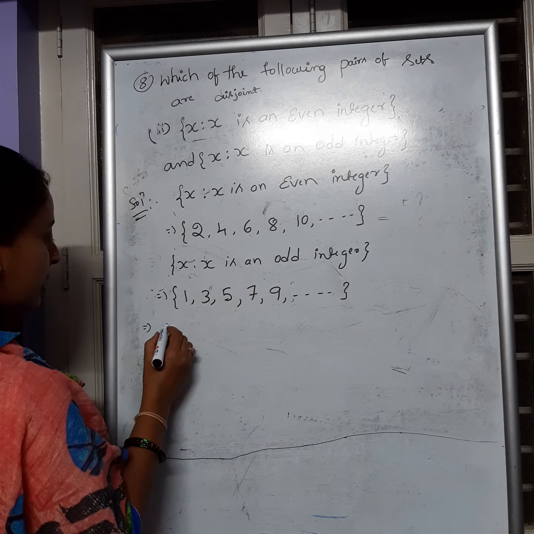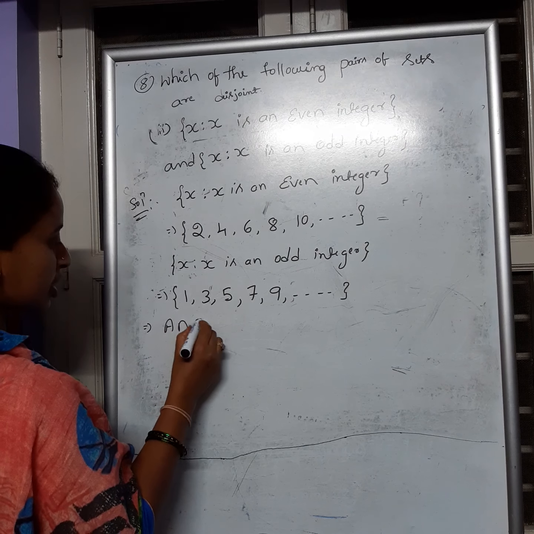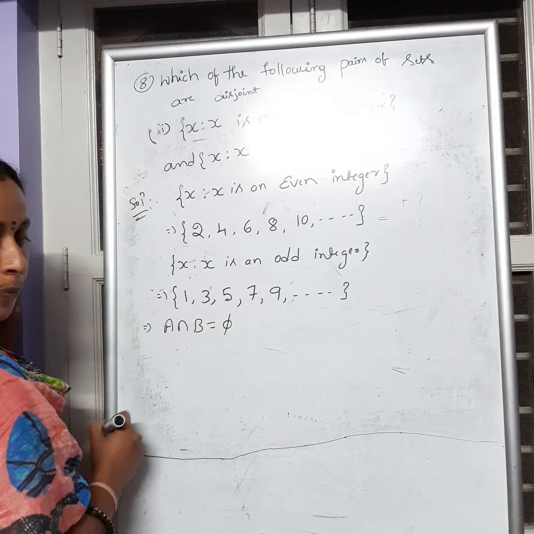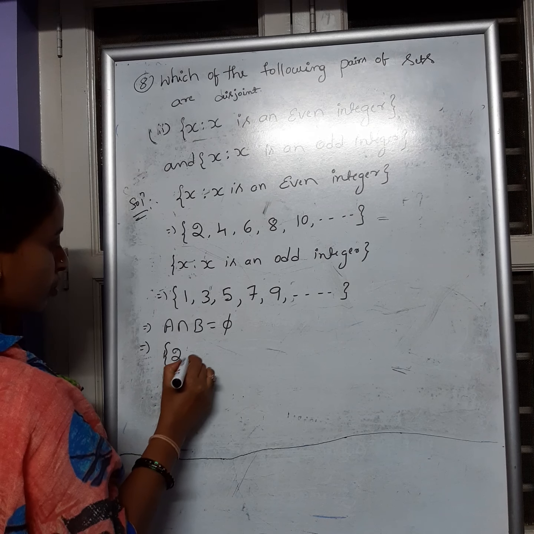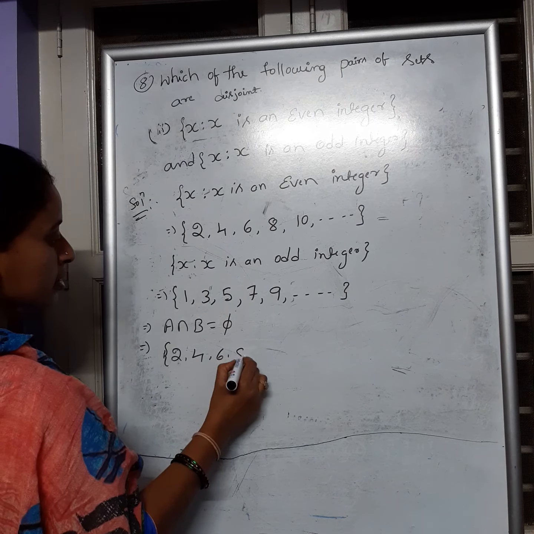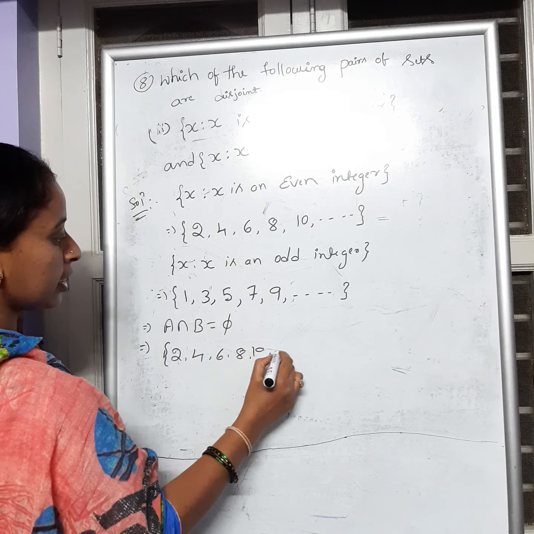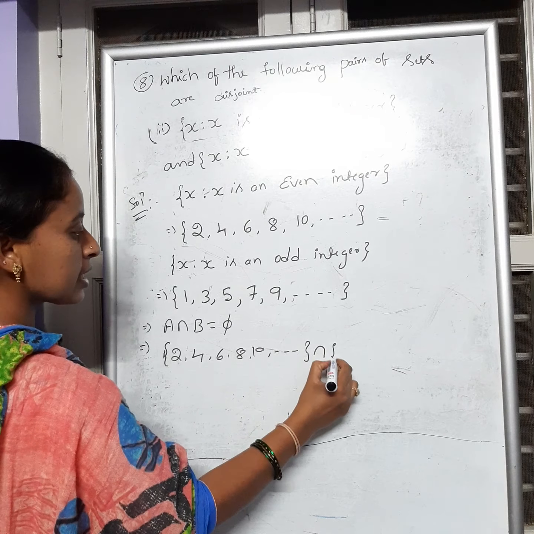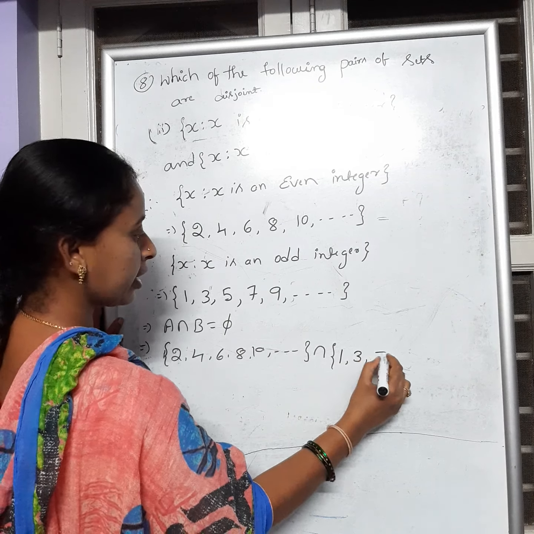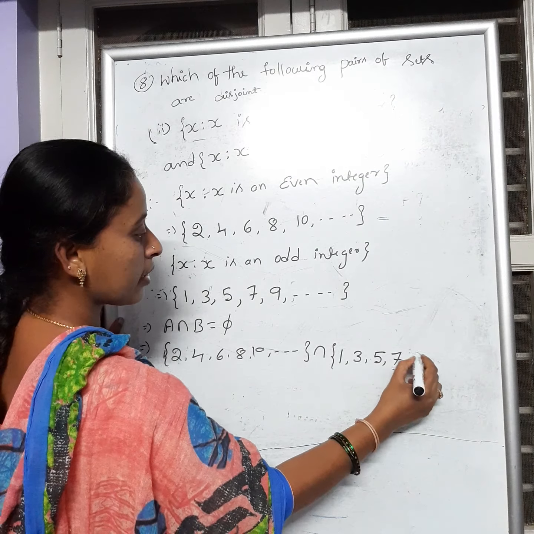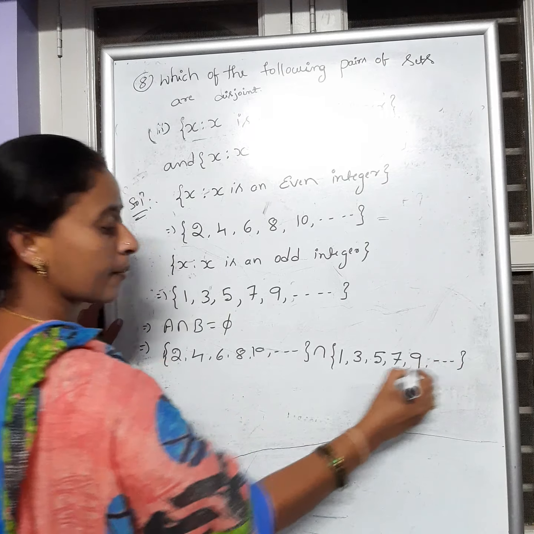Let's intersect that. That means A intersection B equal to null set. A is 2, 4, 6, 8, 10, etc. B elements are 1, 3, 5, 7, 9, etc.